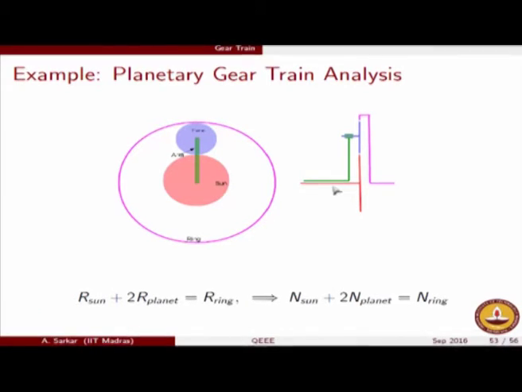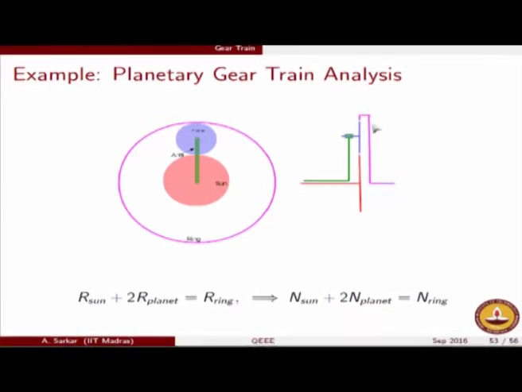You can give any speed to the green shaft or the arm or the carrier, and on the green you have the blue planet. Again you will note that the blue planet is free on the green. So that means that it is not constrained to take up the same velocity as the carrier. The planet does not move at the same velocity as the carrier, it moves at the velocity which is decided by the kinematics of the entire train, right.